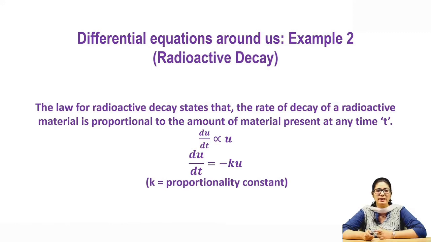So, du by dt is proportional to U, and with time it is obvious that the radioactive material will decay. When we remove the proportionality sign, we have a minus sign with some constant. So, in this case the differential equation would be du by dt is equal to minus k u.